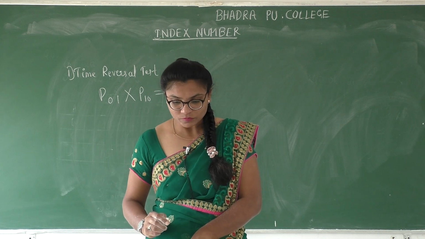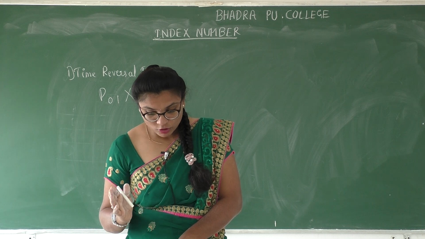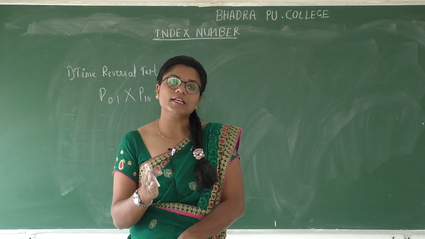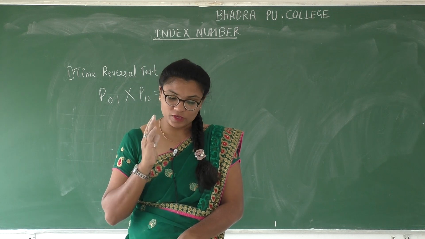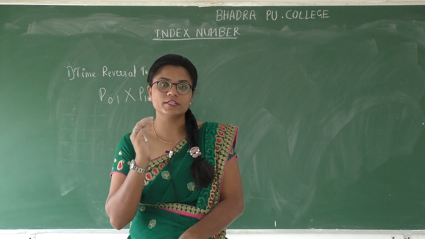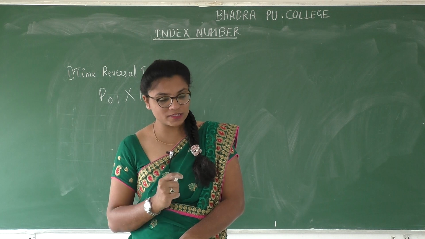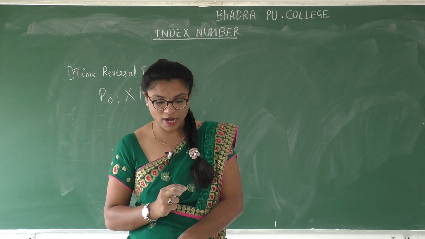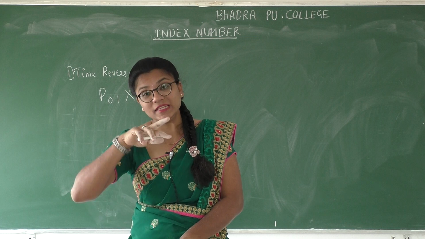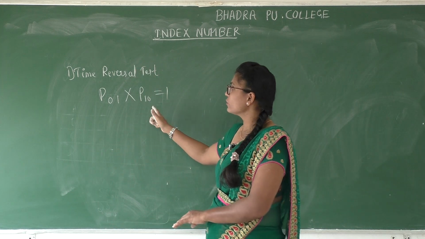So this test is proposed by Professor Irving Fisher. According to him, an index number P01 should be such that when base year and current year are interchanged. See what we are doing here?